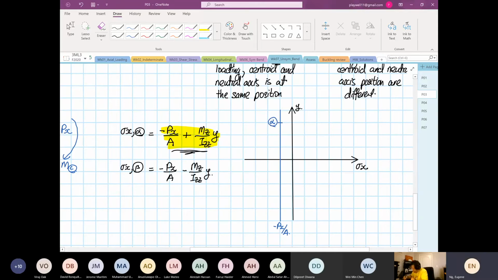And then if this is your point alpha, sorry everyone. So this is your point alpha, and this is our point beta. So due to moment, we know that alpha now will be positive, yes or no? Due to moment. So I'm going to draw this based on moment.